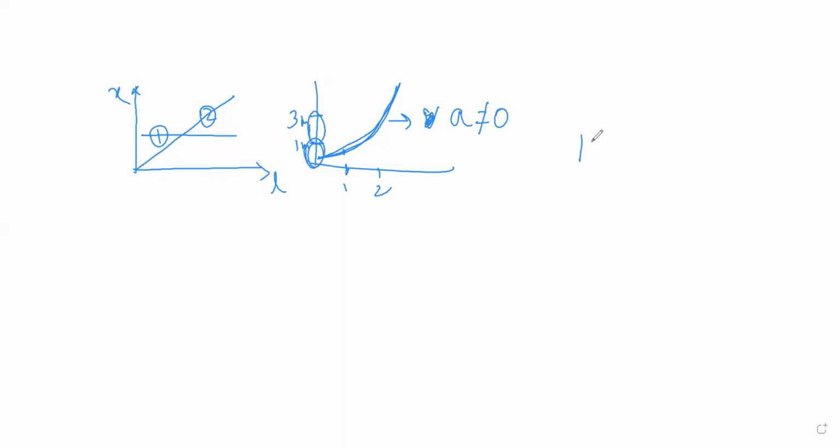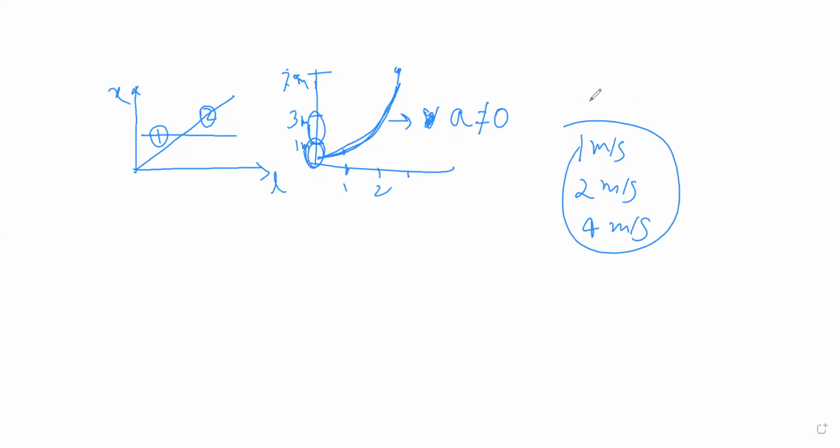So our velocity in the first case is 1 meter per second, in the second case 2 meters per second, in the third case it could be 6 or 7, suppose 7 meters in the third second. So in this case it can be 4 meters per second, right? So here velocity is changing. When velocity is changing, then we get acceleration. In this case, this is positive velocity. That's why we use the term acceleration.